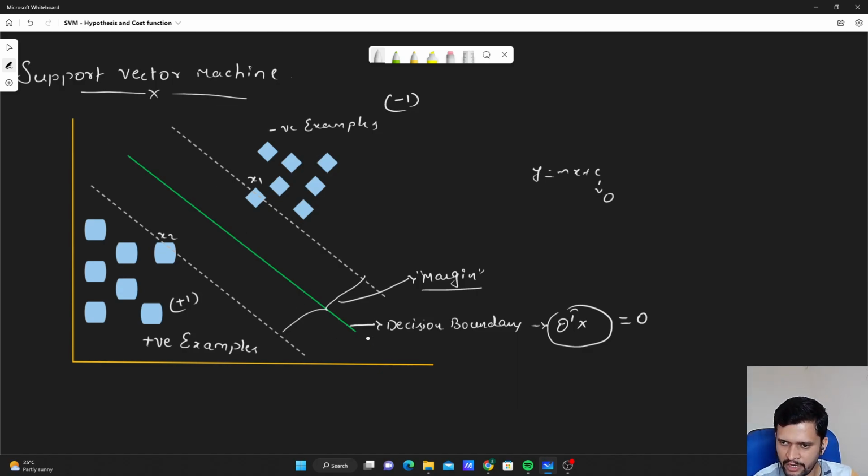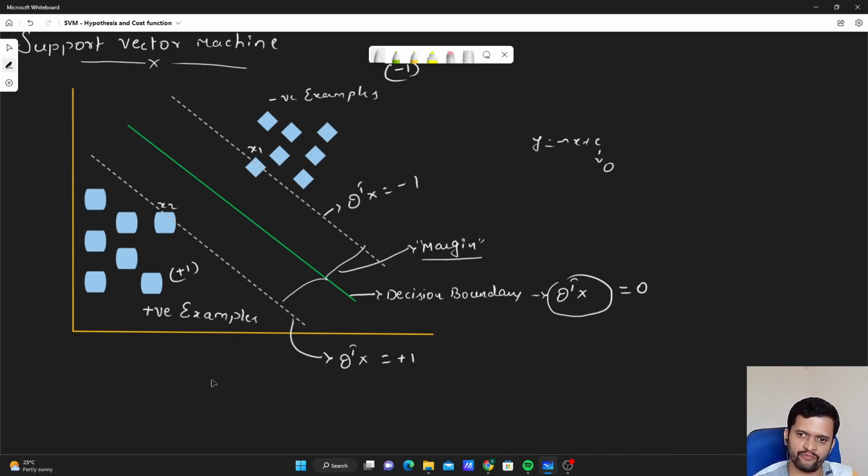In the same way we represented the equation for the decision boundary, we represent this side of the margin with the equation theta transpose x is equal to -1, and the other side of the margin will be theta transpose x is equal to +1. Now we want the distance between these two to be maximum, correct?